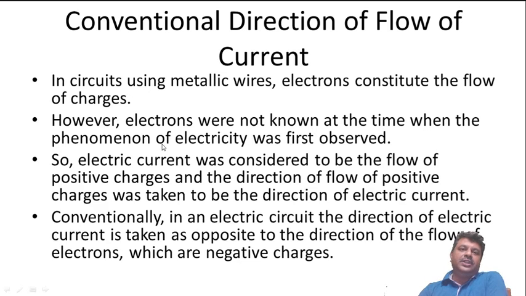In those days, when electrons were not known, electricity was discovered. People thought there was a positively charged particle flowing from the positive terminal to the negative terminal, and they decided that is the direction of flow of current. Even today, we follow that same direction of flow of positively charged particles from positive terminal to negative terminal.